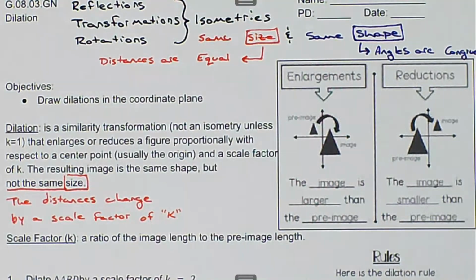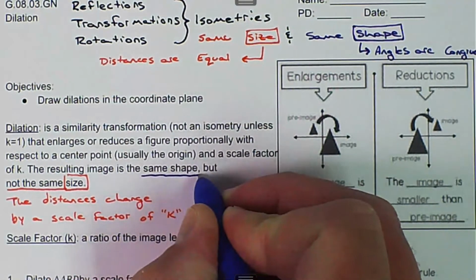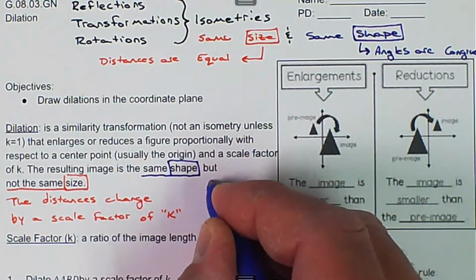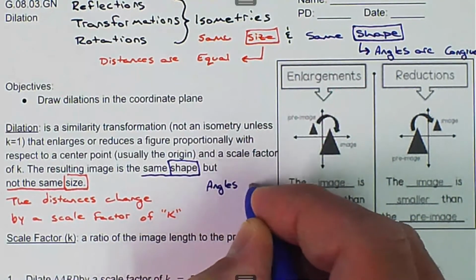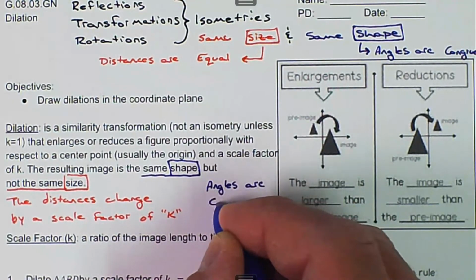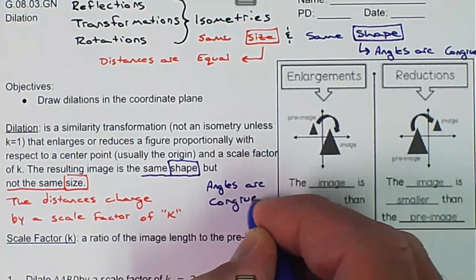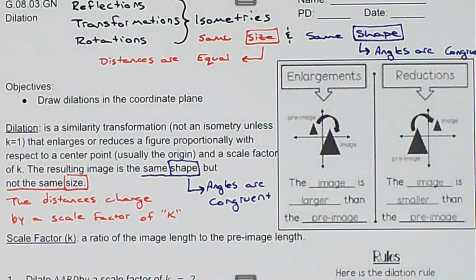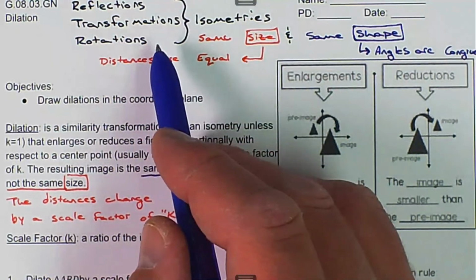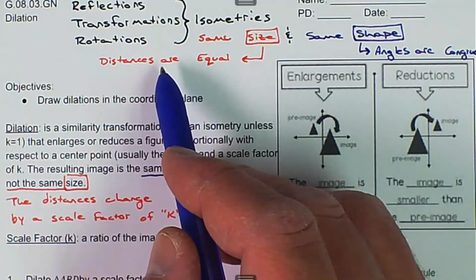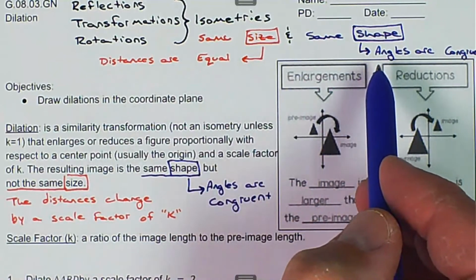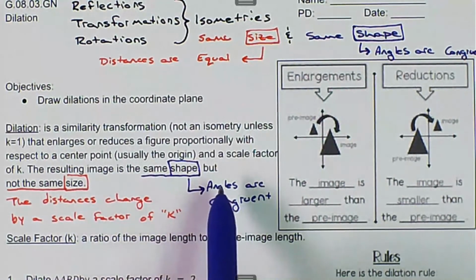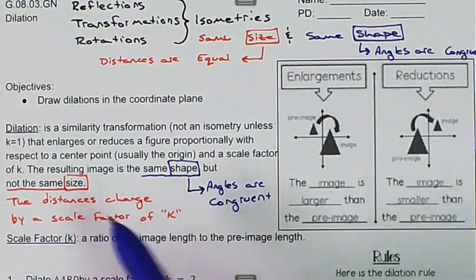Now, same shape, that still means that angles are congruent. So reflection, transformation, rotation, all the distances will be congruent, all the angles will be congruent. When we talk about a dilation, the angles will remain congruent, but the distances will change.